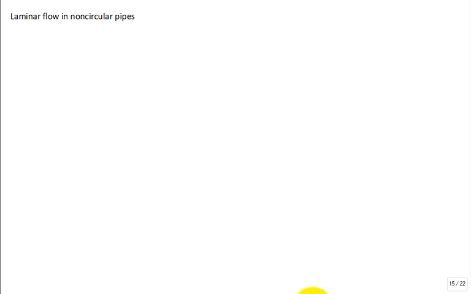What happens if I have laminar flow in non-circular pipes or tubes or ducts? Well, you're going to find that the friction factor is some constant divided by the Reynolds number. That's the general pattern. And if you take a look at table 8-1 in the textbook, it gives it to you for different ratios.